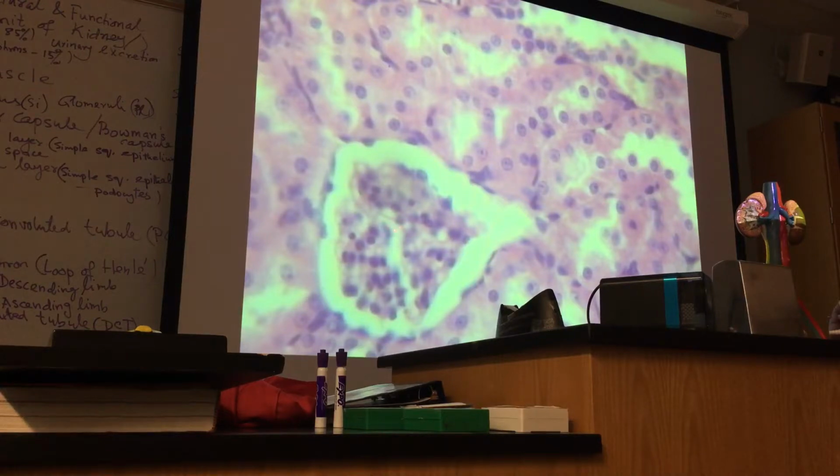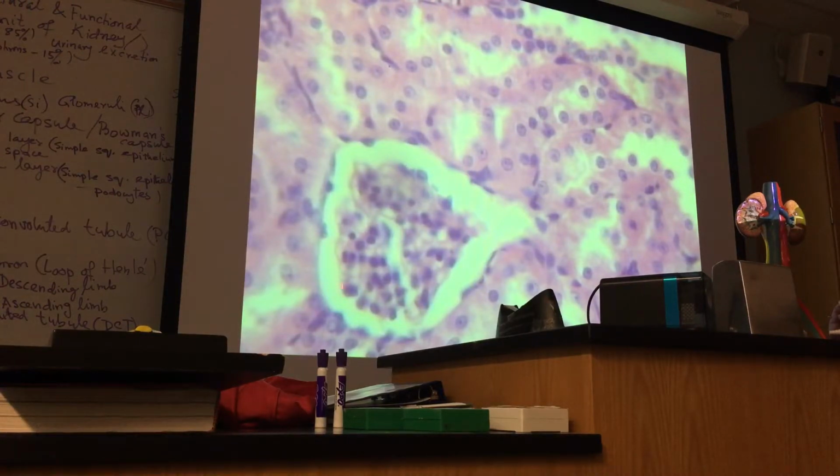So blood is forced through the glomerular capillaries, coming from the afferent arteriole, and only the liquid portion and some substances, some ions, electrolytes, come out, not the blood cells.